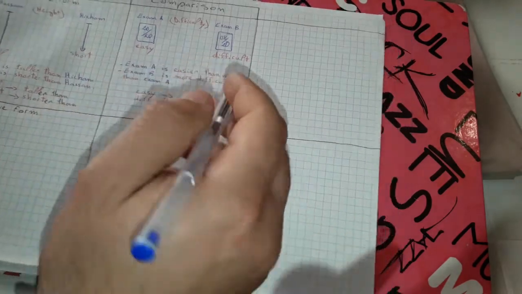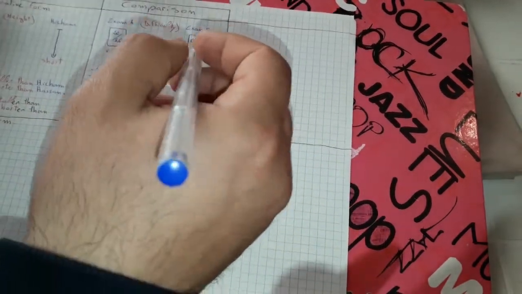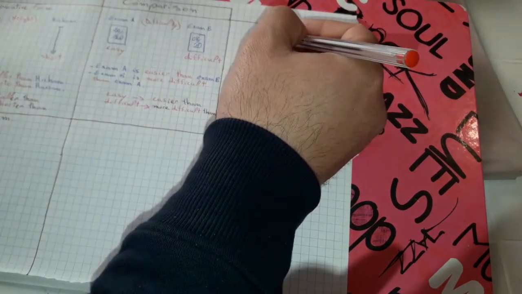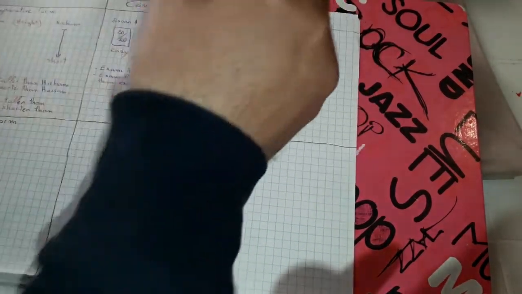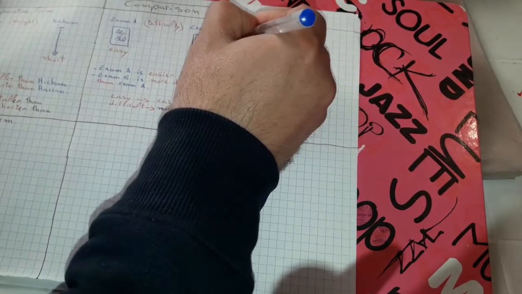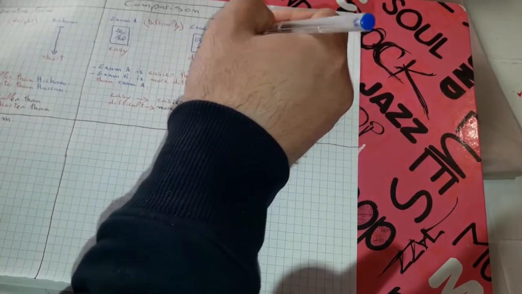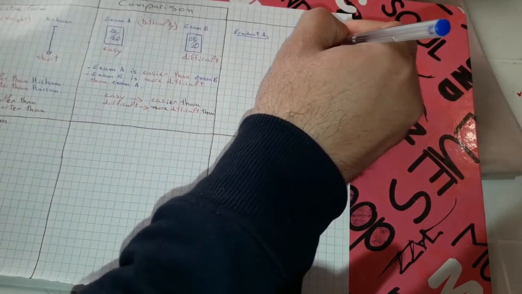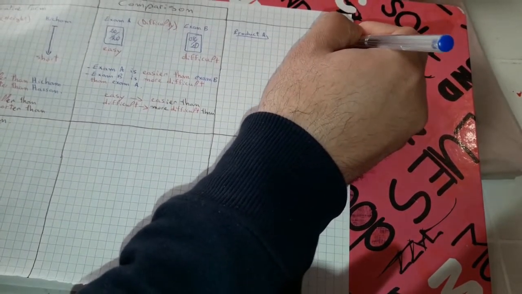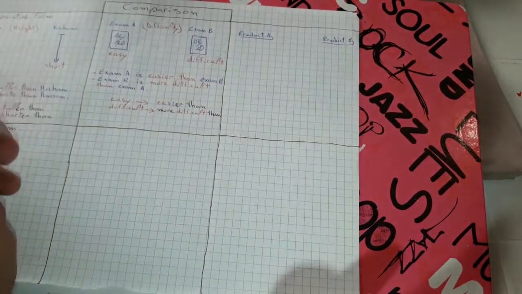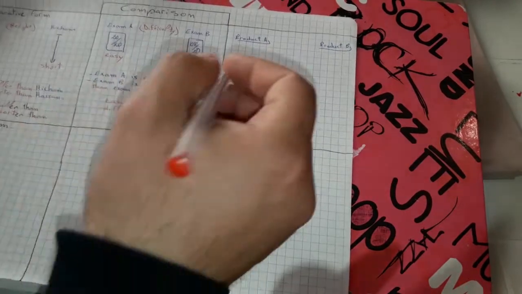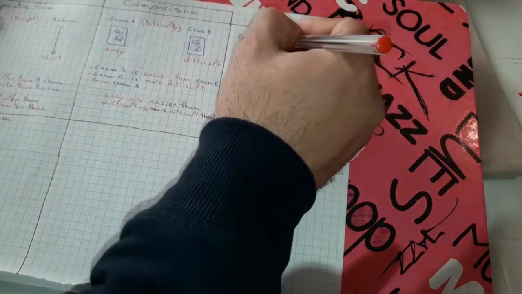In still another example, suppose that I want to compare between two products. We have product A, any product, and then product B. And I want to compare between these two products in terms of the quality.